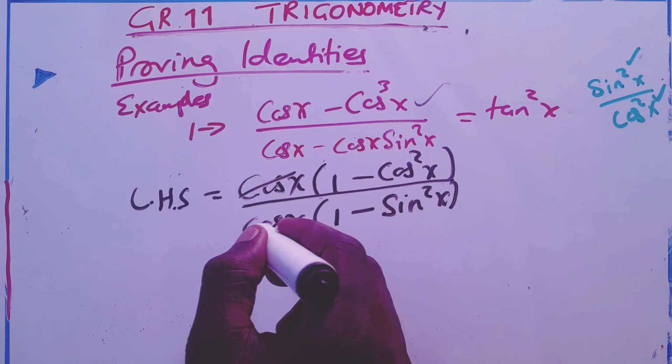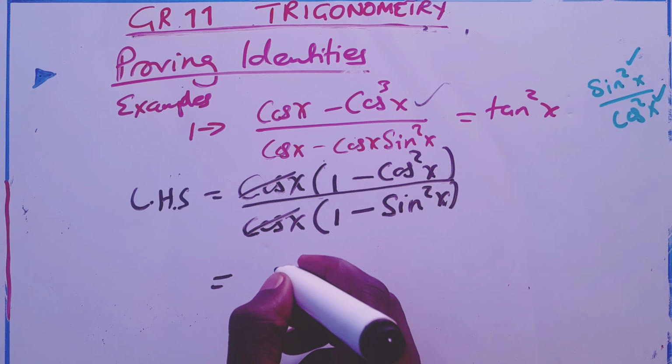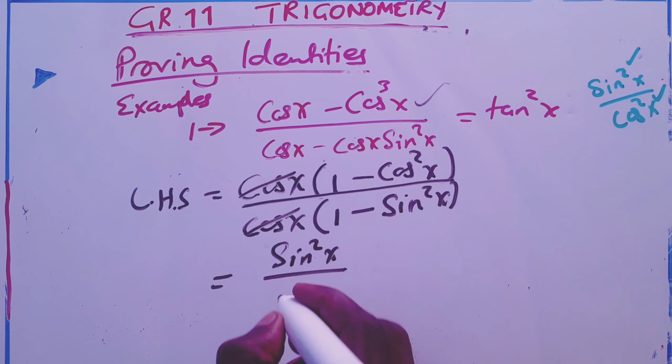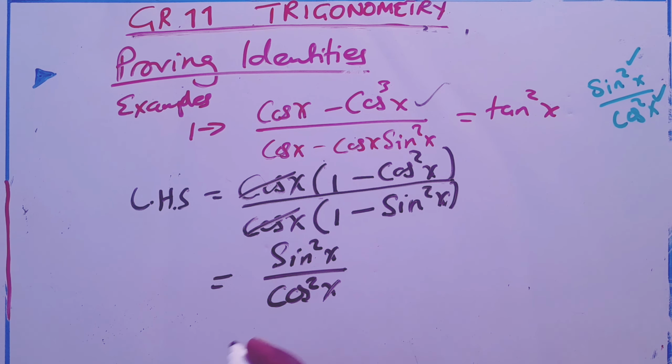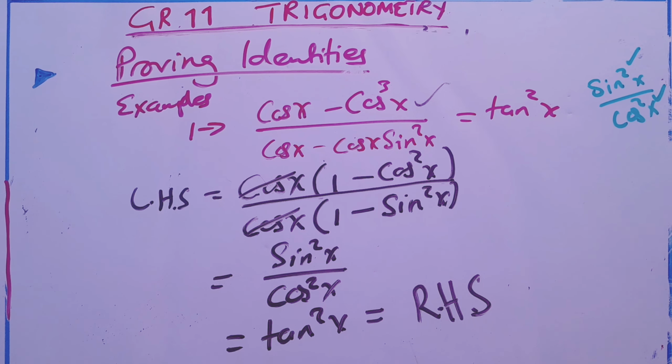So this and this can cancel out, right? And 1 minus cos squared x, we said is equal to sin squared x, and 1 minus sin squared x is equal to cos squared x. So sin squared x over cos squared x is equal to tan squared x, and this is equal to the right hand side. As simple as that.